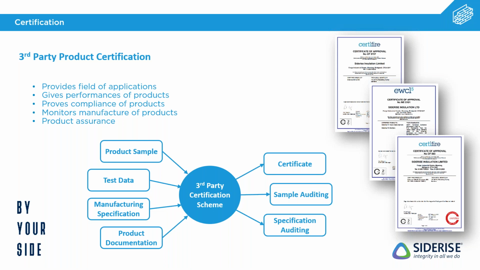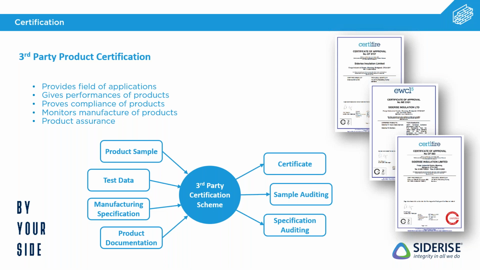During the lifetime of the certificate, which can be up to 10 years, it will be continuously audited. So if there are any changes to the product manufacture, supply chains, anything like that, they should be declared to the certification body.